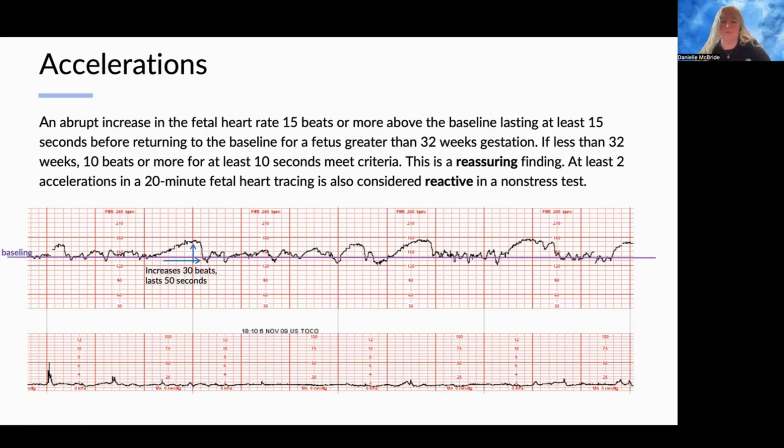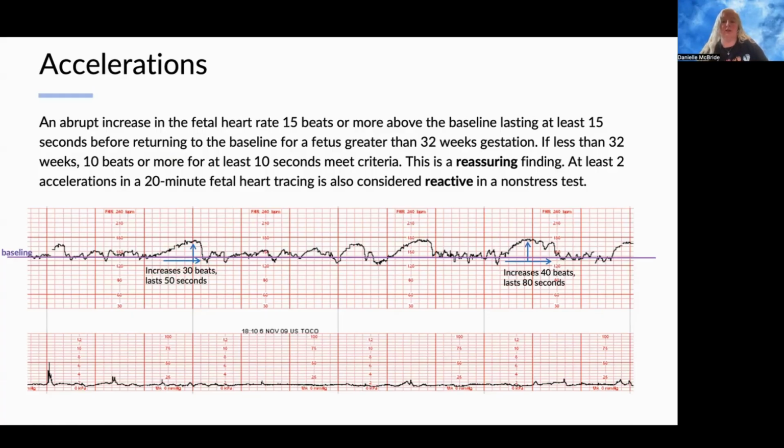This one increases by 30 beats and lasts for 50 seconds. This one increases by 40 beats and lasts for 80 seconds. This is also an acceleration. So is this one. Any of these greater than 15 by 15, if the baby is greater than 32 weeks gestation, counts as an acceleration.